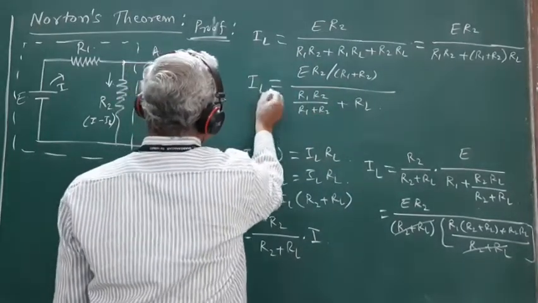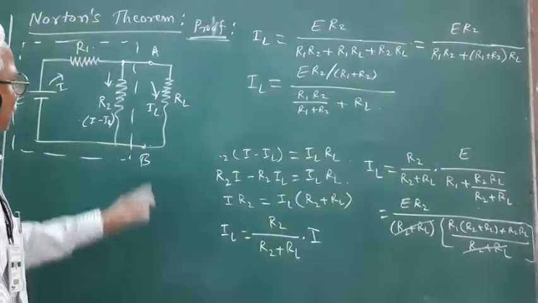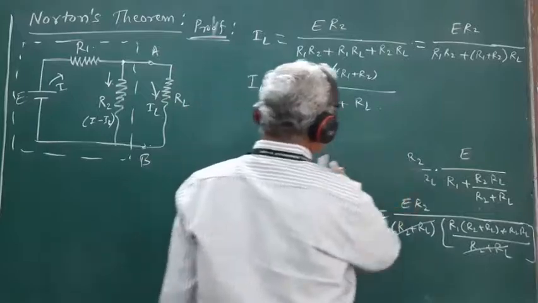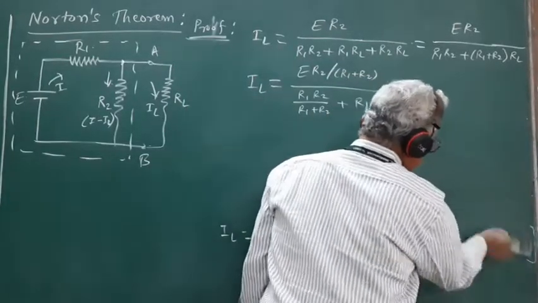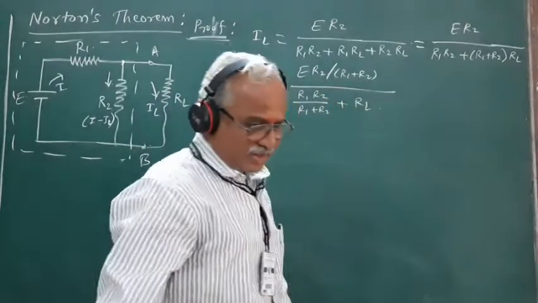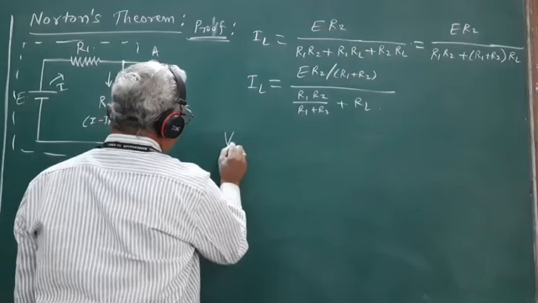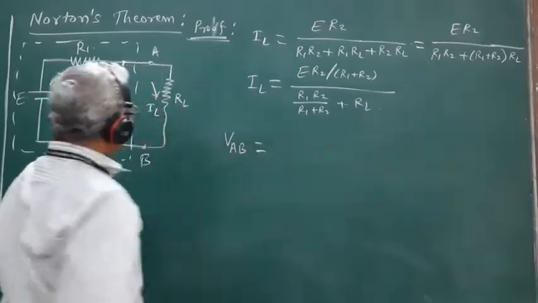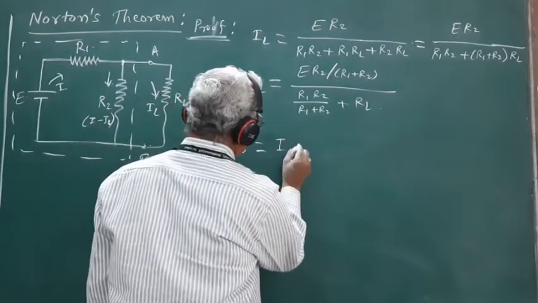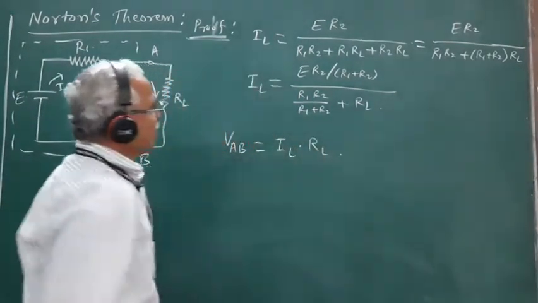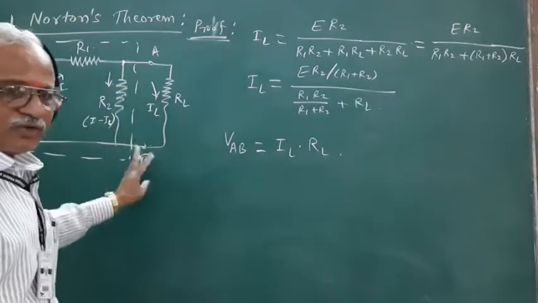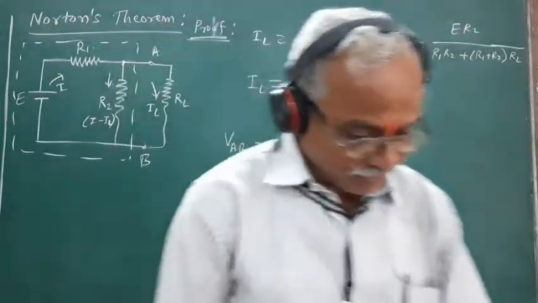So this is the expression for current IL knowing this load resistance R. And knowing the current with this load resistance R, now we can obtain the potential drop across this load resistance R. The potential drop across the terminals A and B will be equal to the product of IL and R. The product of IL and R gives us the potential drop across this load resistance R.